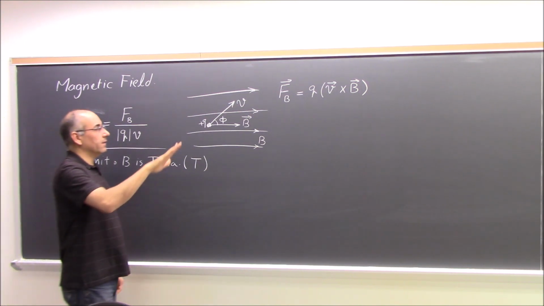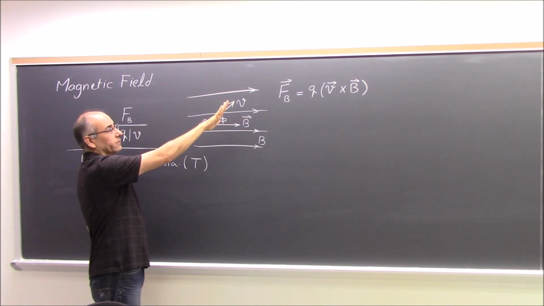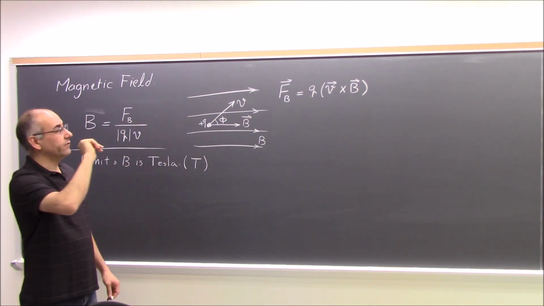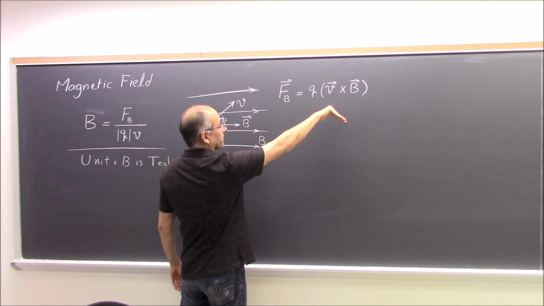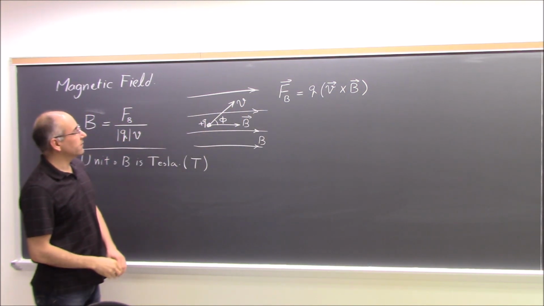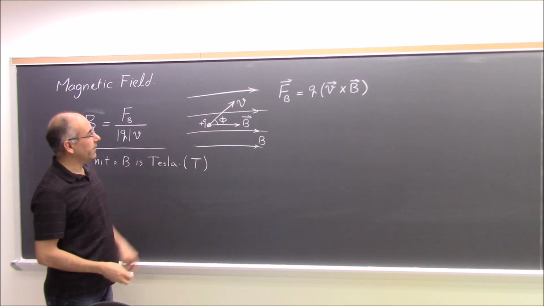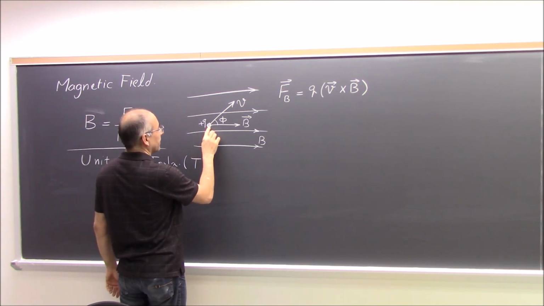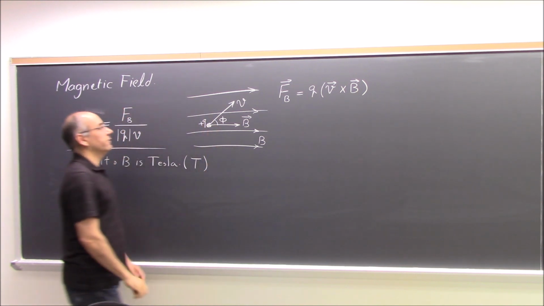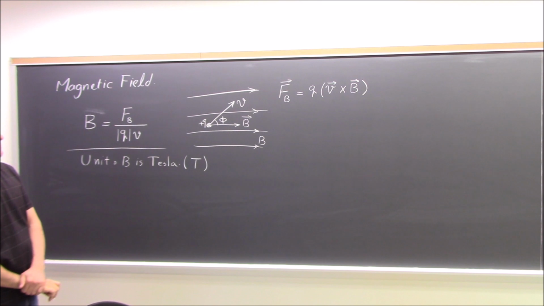Then, in order to find the cross product V cross B, four fingers in the direction of the first vector, toward the second vector. You get a vector that is now going into the page. So the force, if you want to show it here, it will be with a cross. It's going into the page.